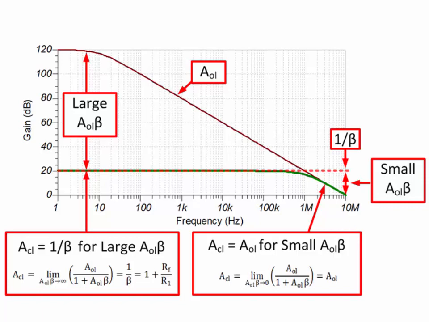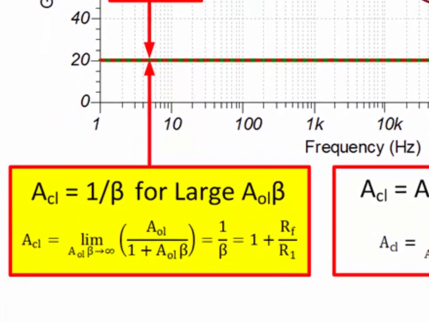At low frequencies, loop gain, or AOL beta, is large. Remember that closed loop gain is AOL divided by 1 plus AOL beta. So for large values of AOL beta, you can ignore the 1 term. This leaves AOL divided by AOL times beta, and the AOL terms will cancel.